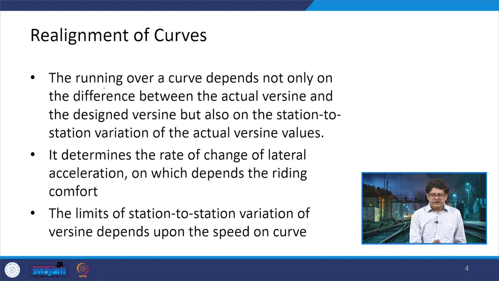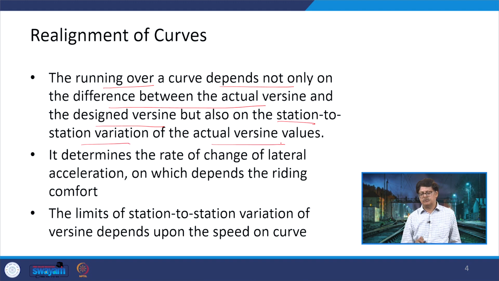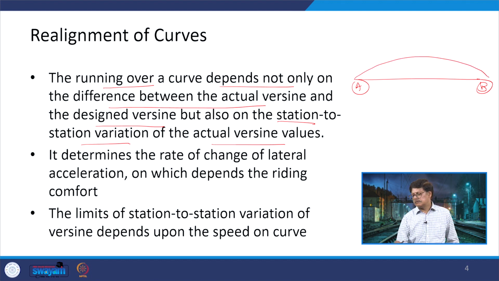It says that running over a curve depends not only on the difference between the actual Versine and the designed Versine, but also on the station to station variation of the actual Versine values. What does it mean? You are moving from A to B and a curve is being provided here.